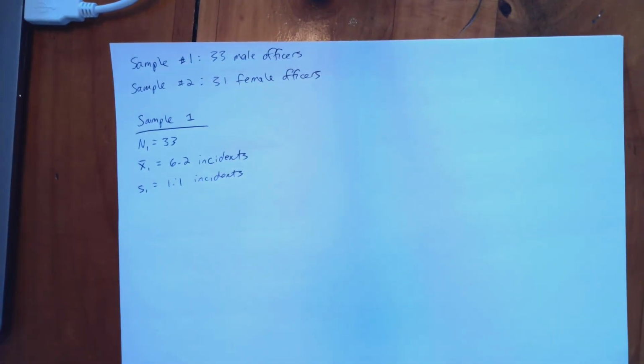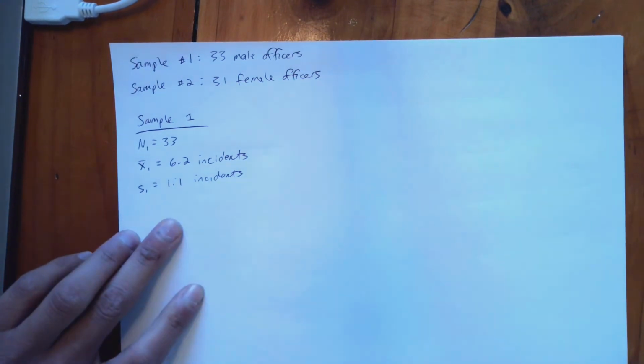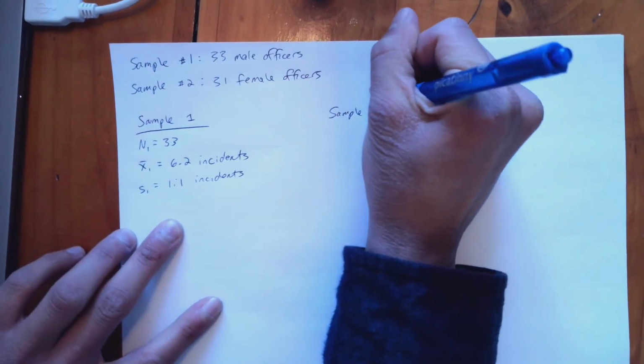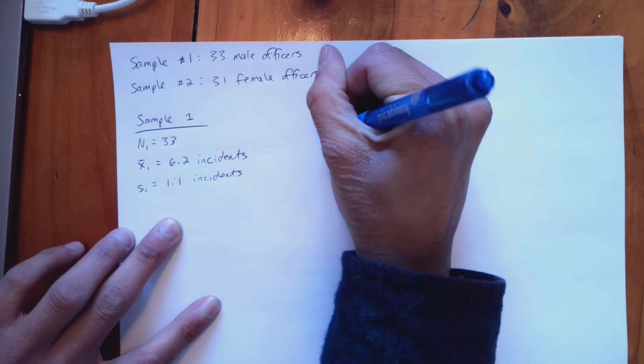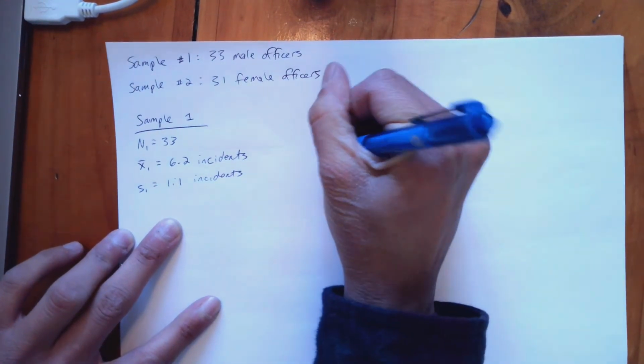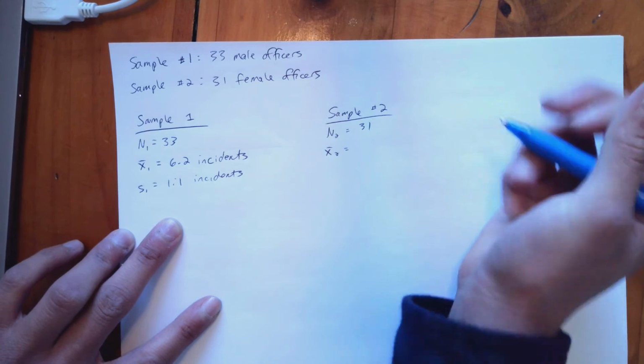So here we have a sample. We've taken these 33 officers. We've looked at how many use of force incidents they have over the last month, and this is what we get. Sample 2. N is 31, as we've already established. Our mean for this sample is going to be 5.8.